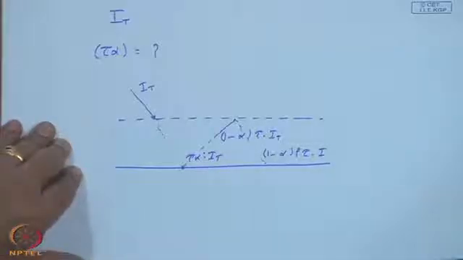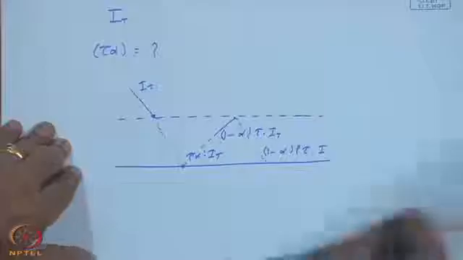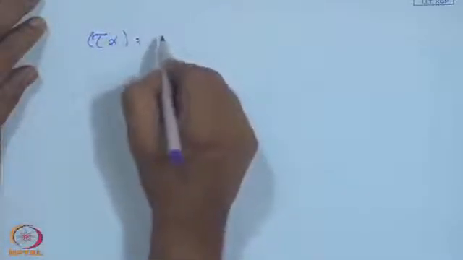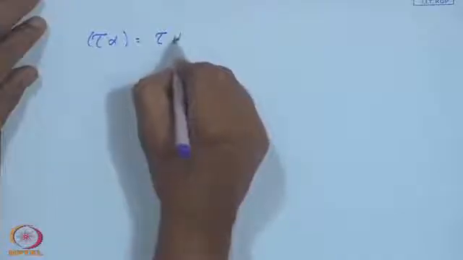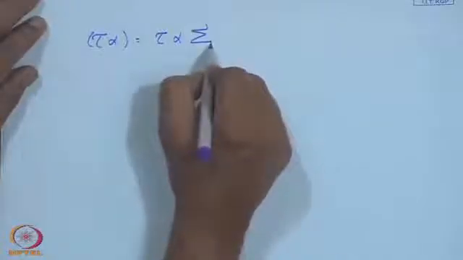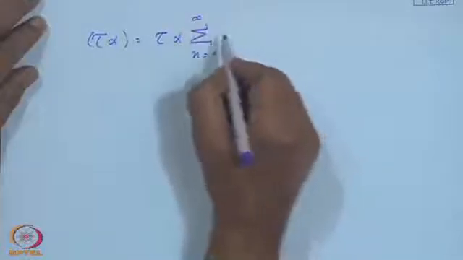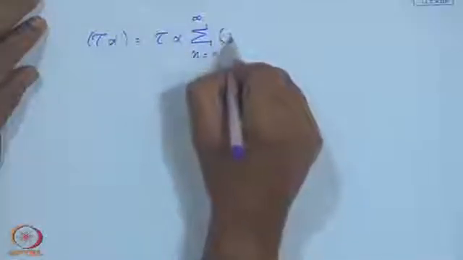and if you sum up the total absorbed energy or the effective transmittance absorptance product, the product tau alpha, this typically is a summation over an infinite number of reflections.